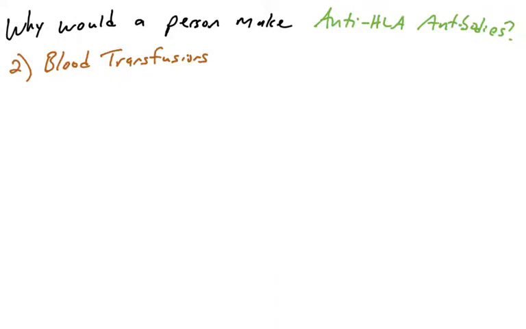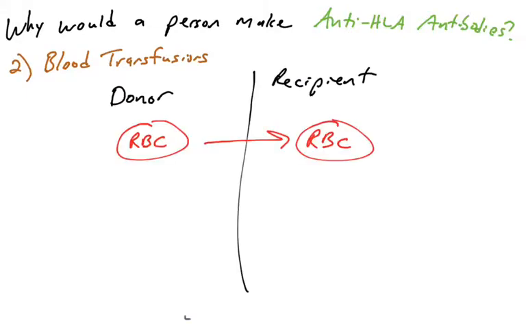The second instance where an individual would be exposed to foreign or non-self HLAs and generate anti-HLA antibodies would be during blood transfusions. Now, during blood transfusions, we've spoken previously about this, erythrocytes do not have MHC class 1 or 2 molecules on their surface. So that's not an issue here.